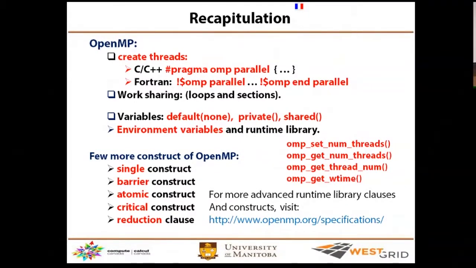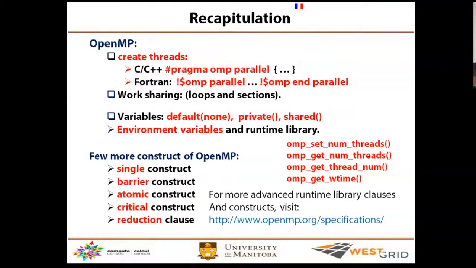To use OpenMP, you need to use some environment variables and the runtime library. For the environment variables, the most important is OMP_NUM_THREADS, which you set before you run the program, because when you compile your program, you don't know exactly how many threads you are going to use.